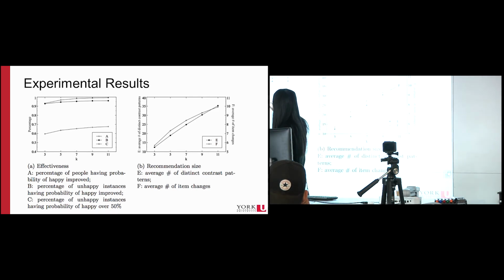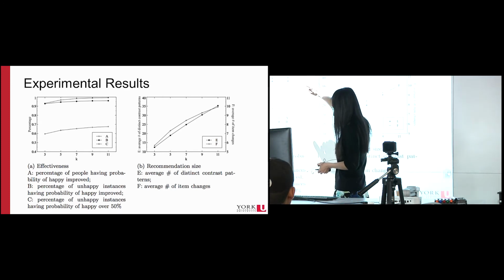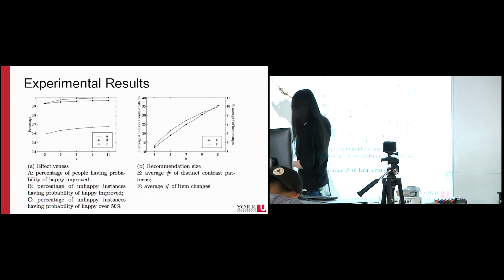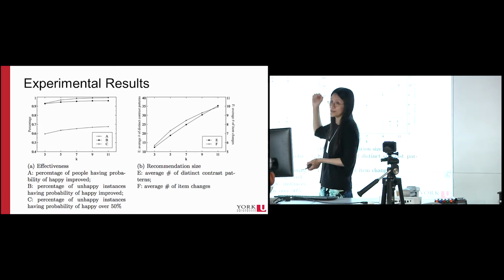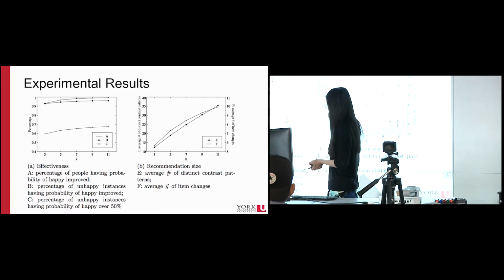The top line shows the percentage of unhappy users having a probability of happiness over 50%. More than 90% of such users become happy after recommendation.